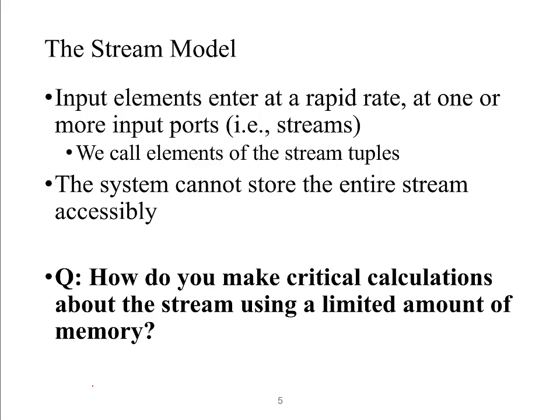We call elements of the stream tuples. So the system cannot store the entire stream accessibly. Then the question would be, how do you make critical calculations about the stream using a limited amount of memory?